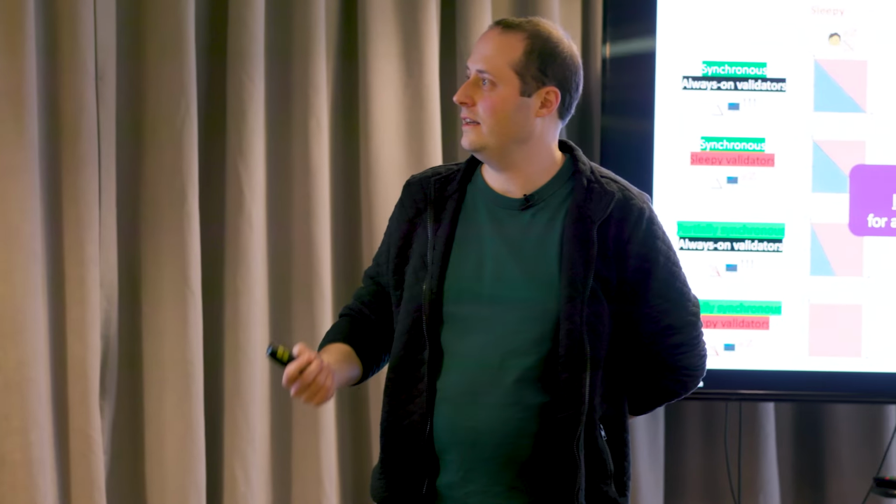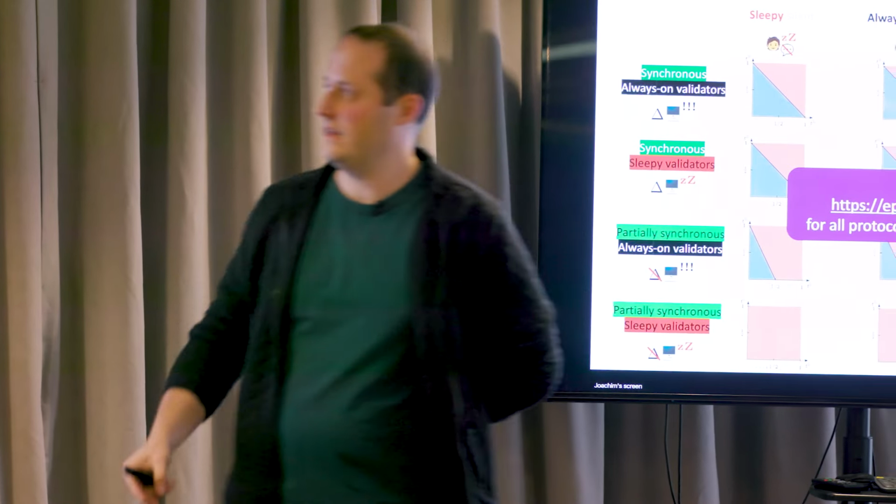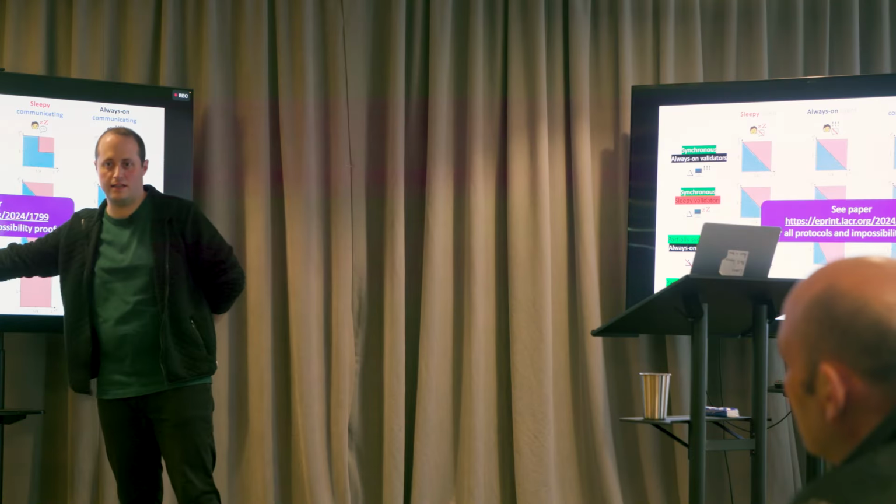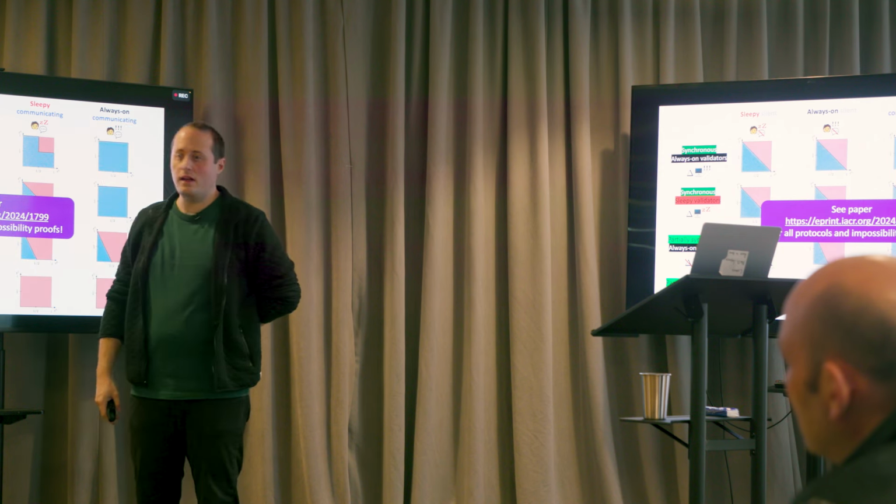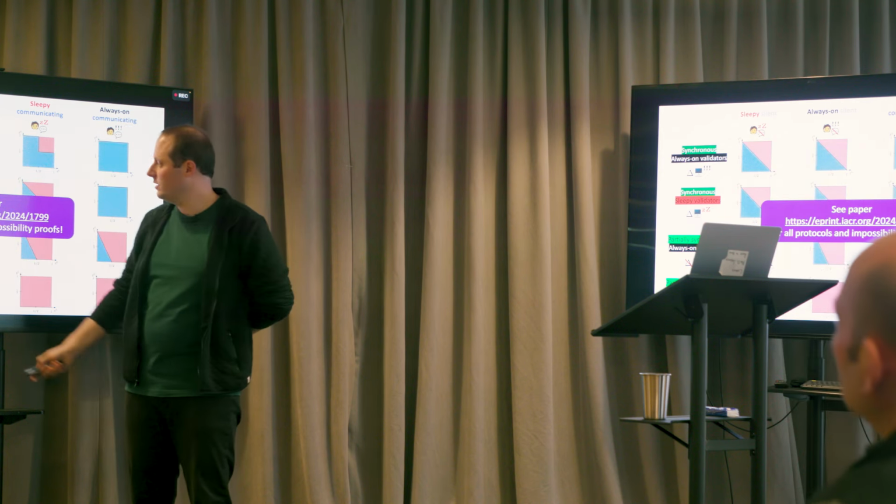In general, my personal take in terms of these models is that being in the sleepy and silent setting is appealing just because it's so simple. But given that there's something to be gained from going to the sleepy and communicating setting, I think that is quite a plausible setting to be in.